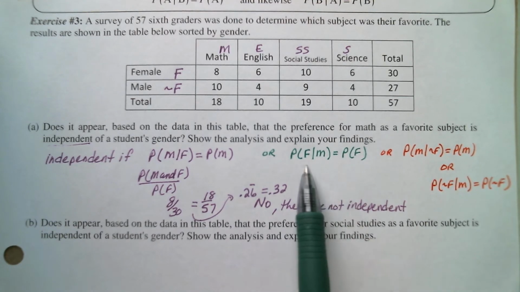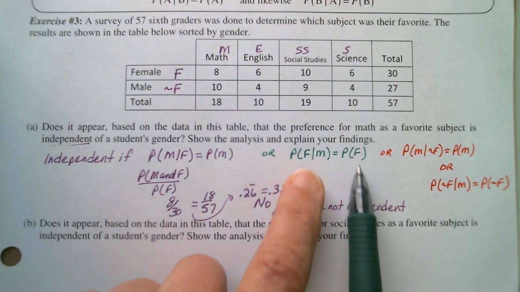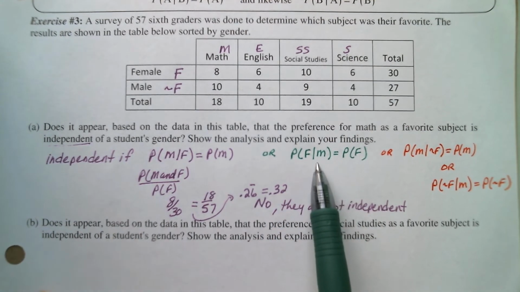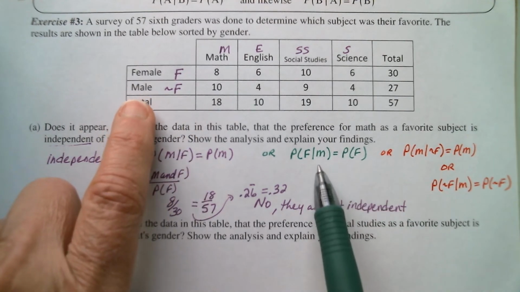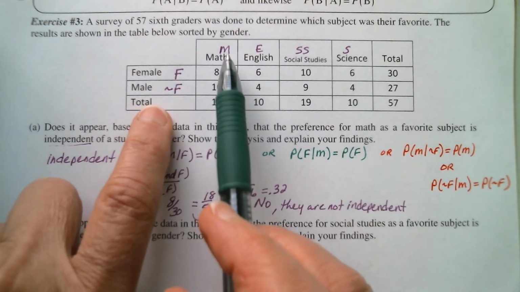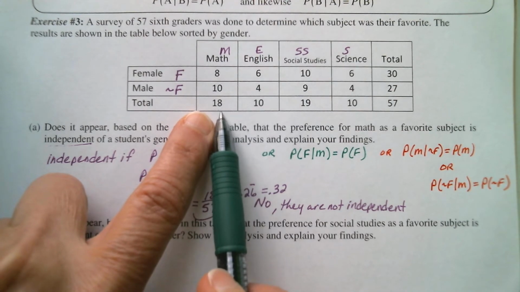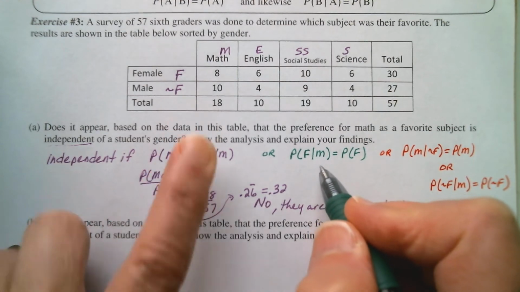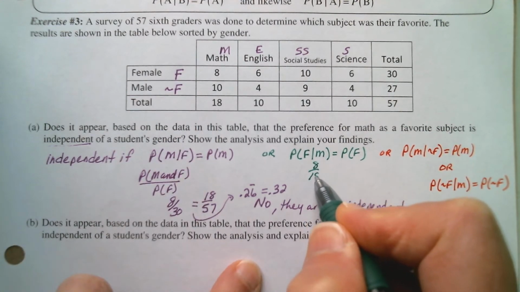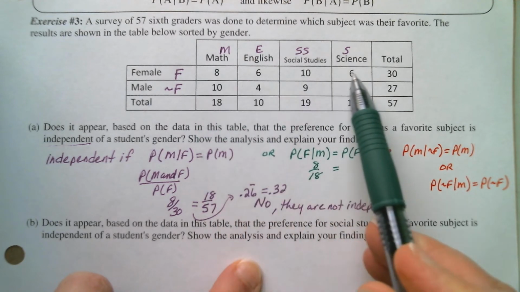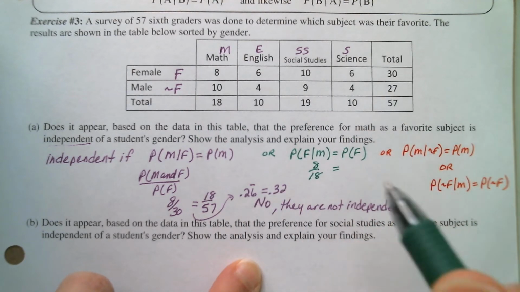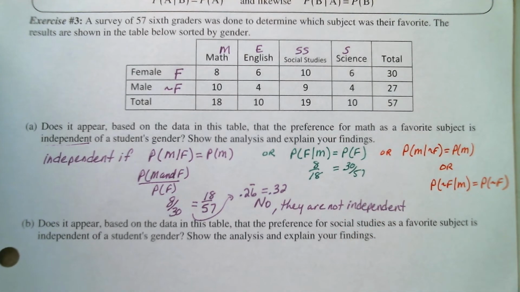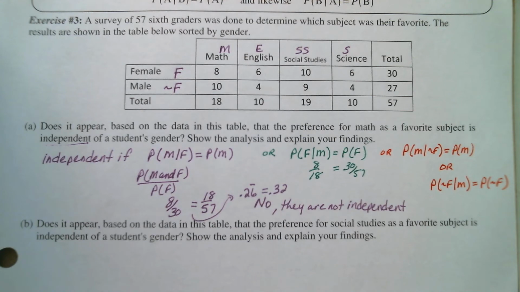Now, if I had worked this out, I'm going to get two different fractions, but those fractions are not going to be equal. All right, probability of female given math. So math is the denominator, which is 18, and out of those 18, how many are female? That was 8. So is 8/18 equivalent to the probability of female, that's 30 over 57? 8 divided by 18 is 0.4 repeating.